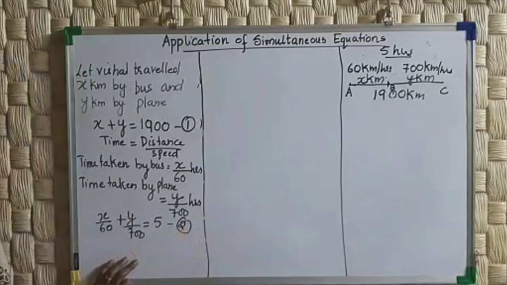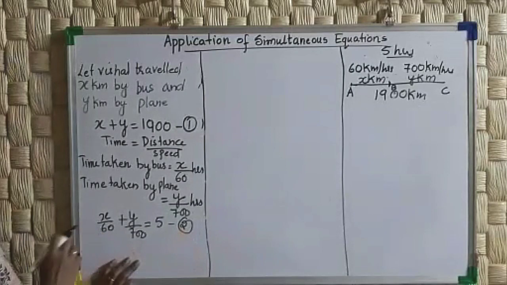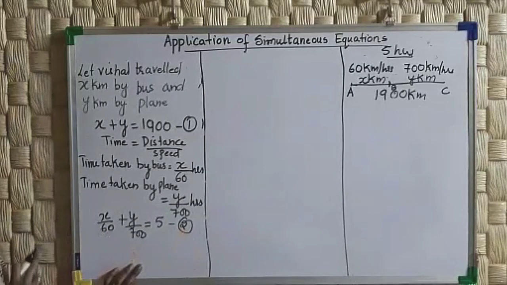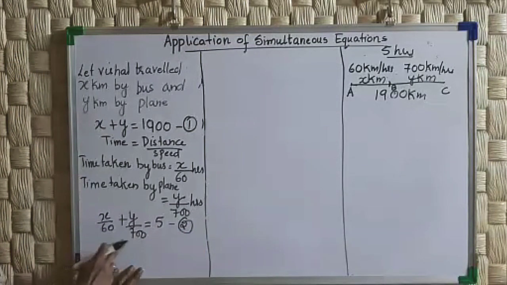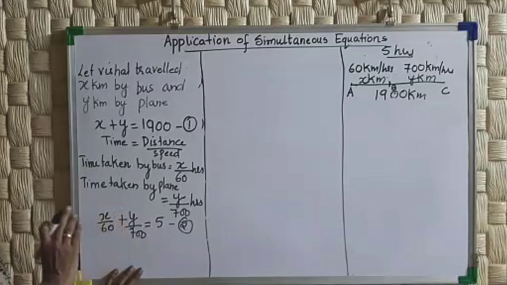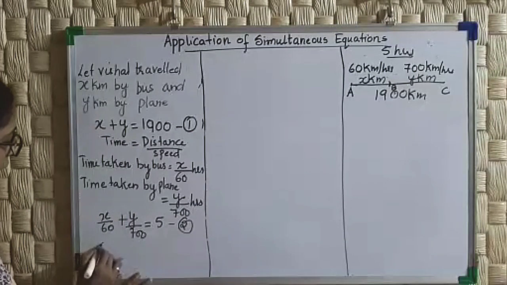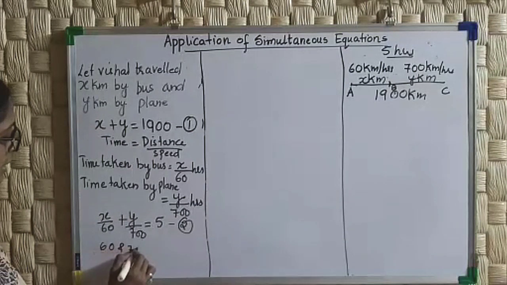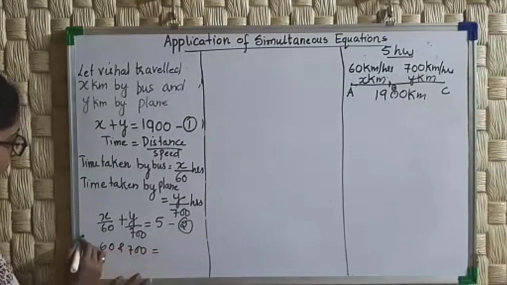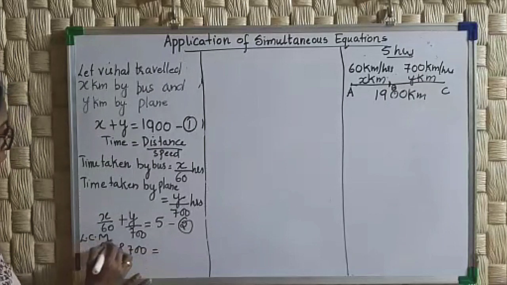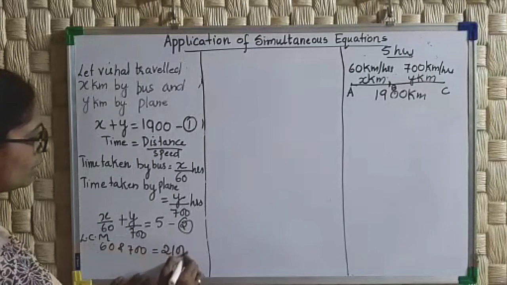We can simplify this equation by eliminating the denominator. To eliminate the denominator, we have to find the LCM of 60 and 700, or multiply the whole equation by the LCM. The LCM of 60 and 700 is 2100.